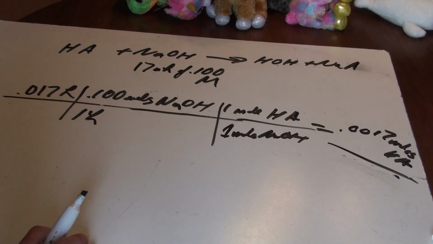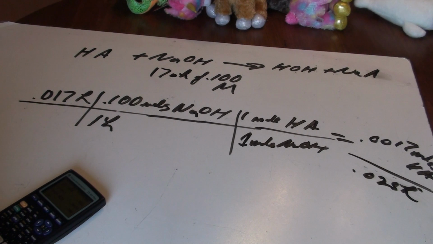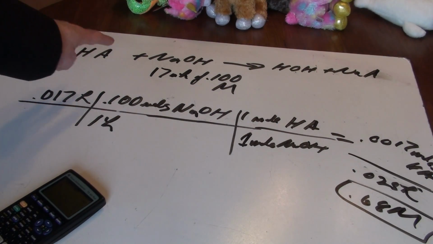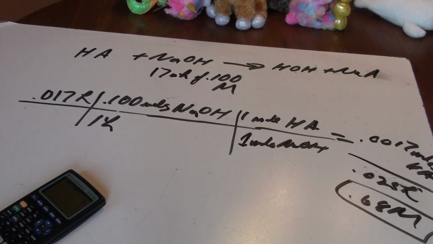Okay? Now, compare this. I'm going to calculate the molarity. Okay, 0.68 molar. Now, the bottles had the molarity on them, so you can compare it to the molarity that was written on there.